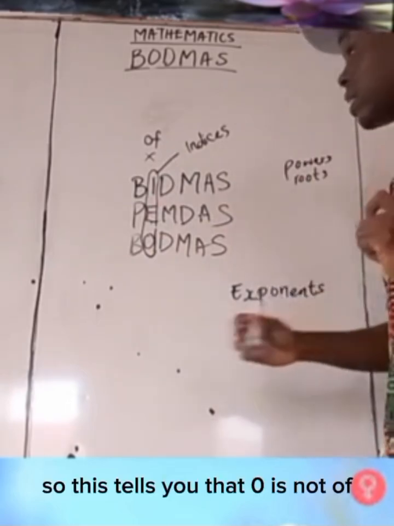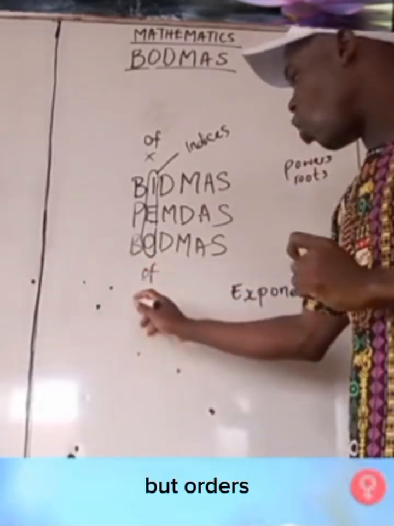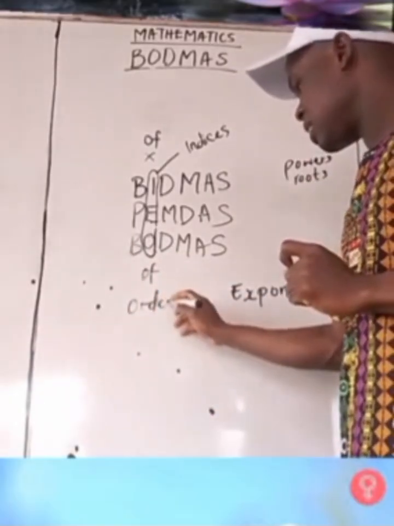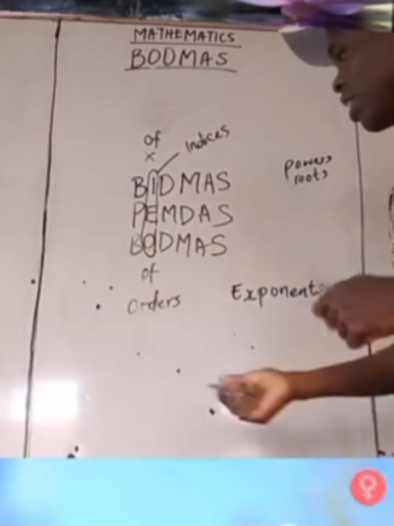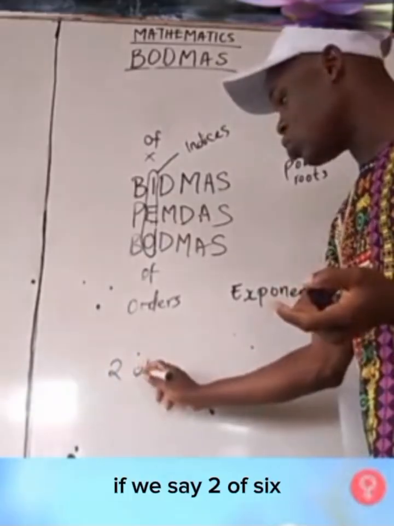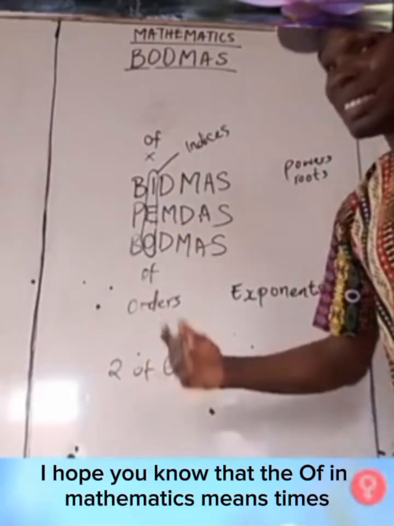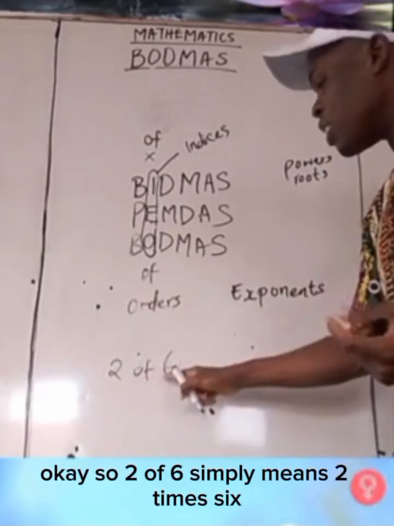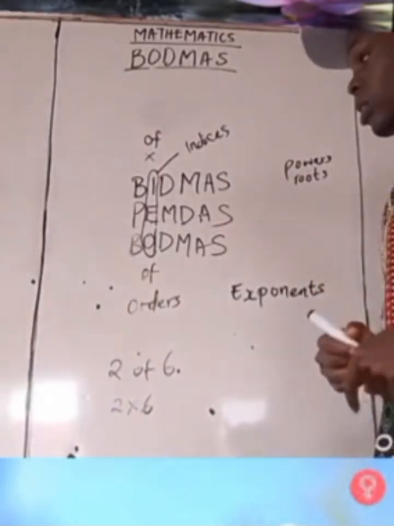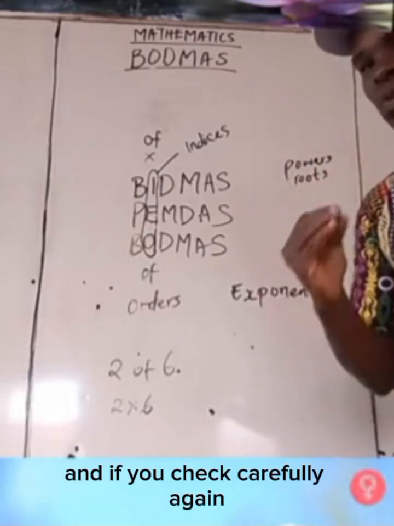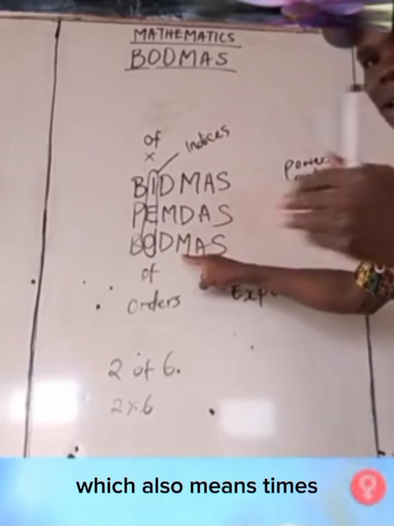So this tells you that O is not off, but others. Now, for those of you that believe that O is off, if we say, for example, 2 of 6, I hope you know that off in mathematics means times. So 2 of 6 simply means 2 times 6. And if you check carefully again, we have M, which also means times.